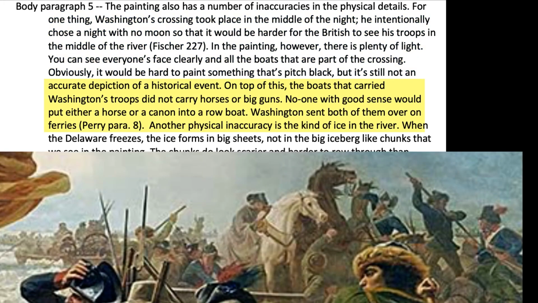On top of this, the boats that carried Washington's troops did not carry horses or big guns. No one with good sense would put a horse or a cannon into a rowboat. You know this yourself if you've ever been in a small boat. Washington sent both of them over on ferries.